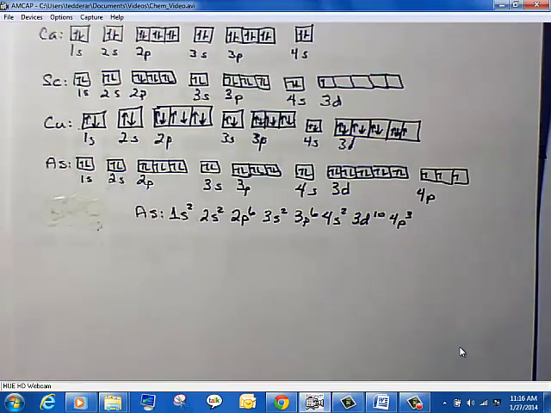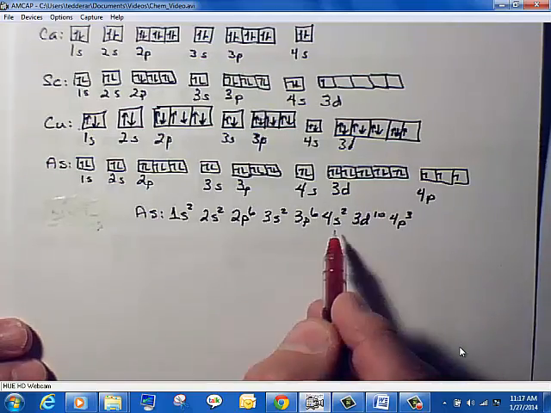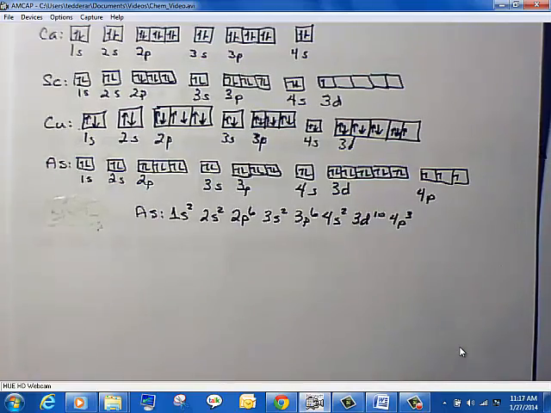Now, while the shorthand version of orbital notation is only allowed on our element cube, the shorthand version is allowed almost any time for electron configurations, if I say it's allowed. So what I want to do then is replace all of this that is part of the next lowest noble gas with that symbol.